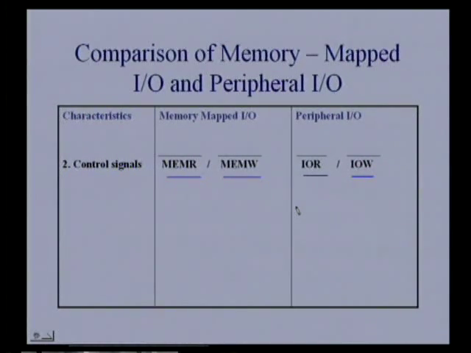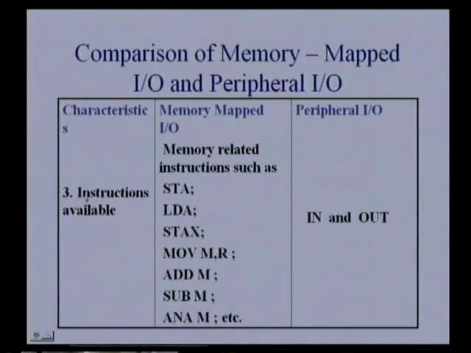And now let us see the next comparison. What are the instructions available in memory mapped IO?